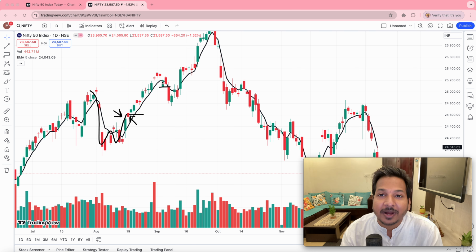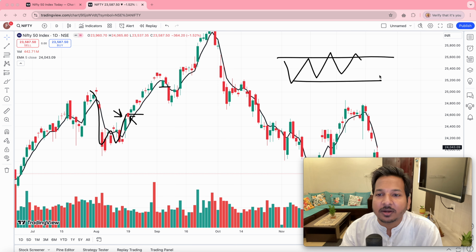Especially in option buying, you need momentum. When high momentum is there, only then will you succeed in option buying. So if you are an intraday trader, you apply this 5 EMA on a 5-minute or 15-minute chart, and with that you make some entry and exit rules. Suppose price is consolidating and after that a breakout happened, and here you have bought a call option.